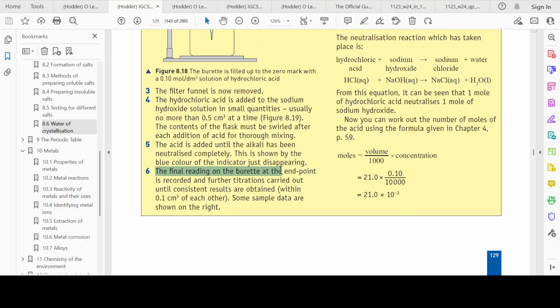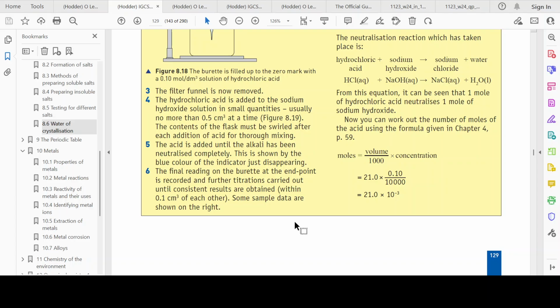The final reading on the burette at the end point is recorded. So now you know, for example, it took 15 centimeter cube of the acid. I'm saying we're going to do the calculation, but just saying 15 centimeter cube of the acid. So the next time you do it, you can add like 14 centimeter cube of the acid just like that.